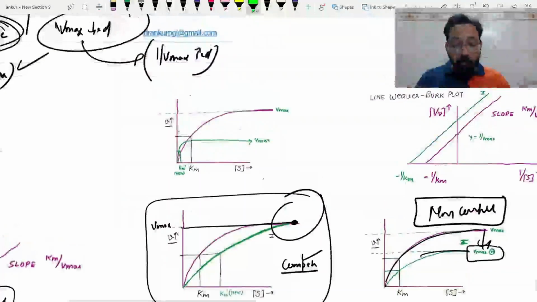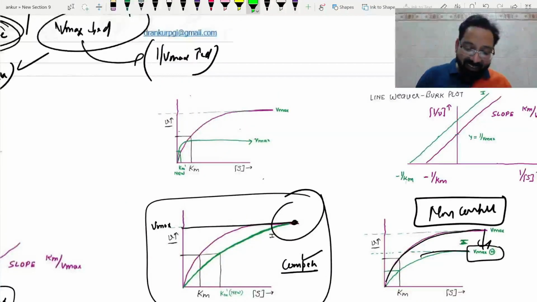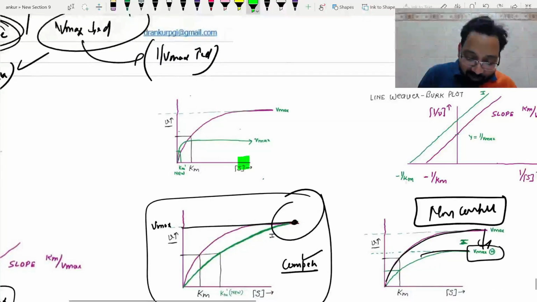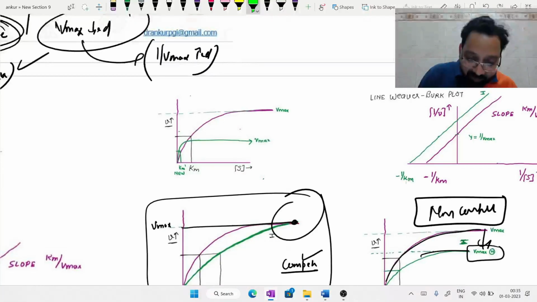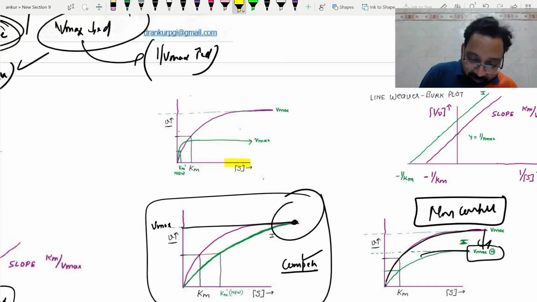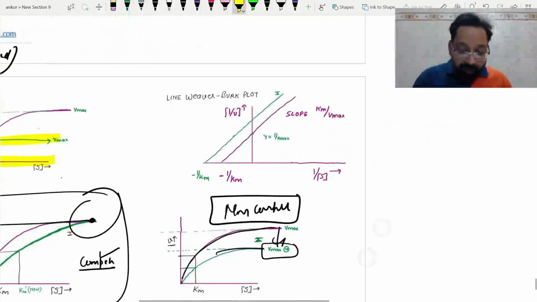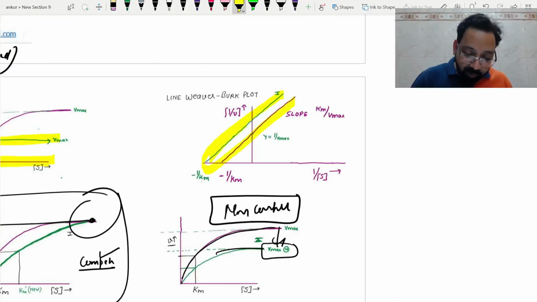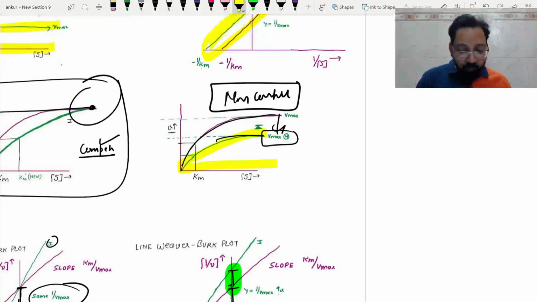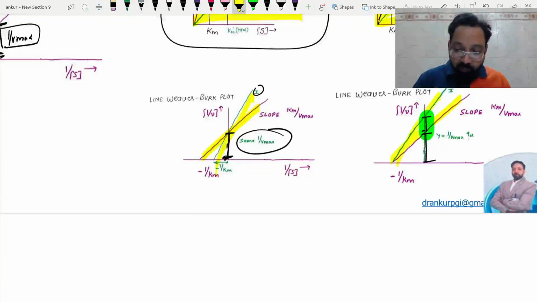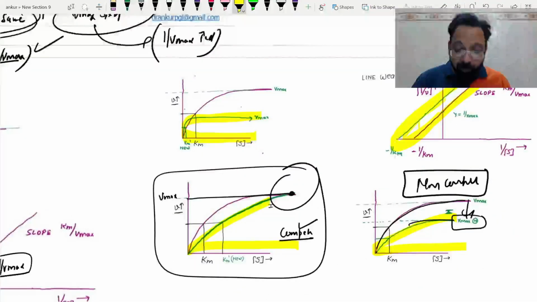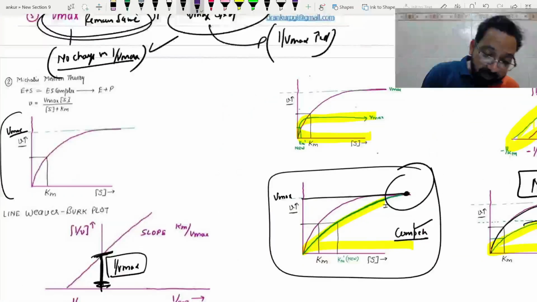Now, uncompetitive: I say don't remember anything, just look at the graph and you will find a U. You can see yes it is hanged, but don't worry, you will find U. Uncompetitive, you will find U. In this there is no U, but in this clear cut U. An uncompetitive question has been asked.